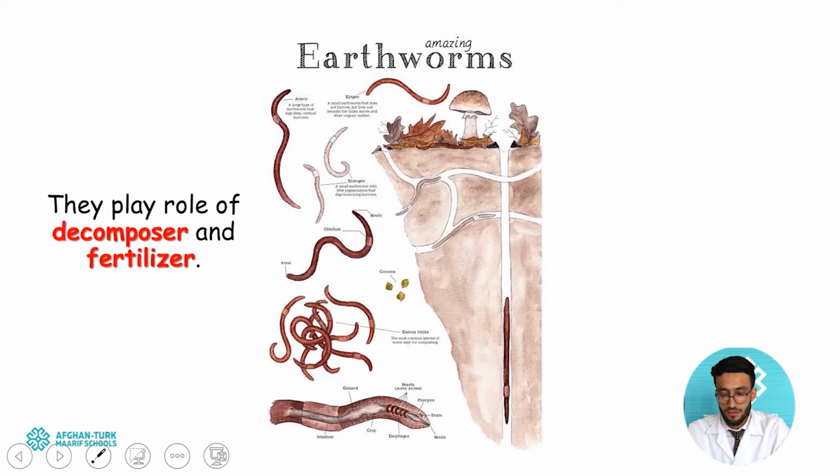Mainly we can categorize the importance of the annelids into two simple but important roles. First, they play the role of decomposers. Second, they play the role of fertilizers. As we know, this is the place where different layers of earth are located, and these are different types of earthworms.